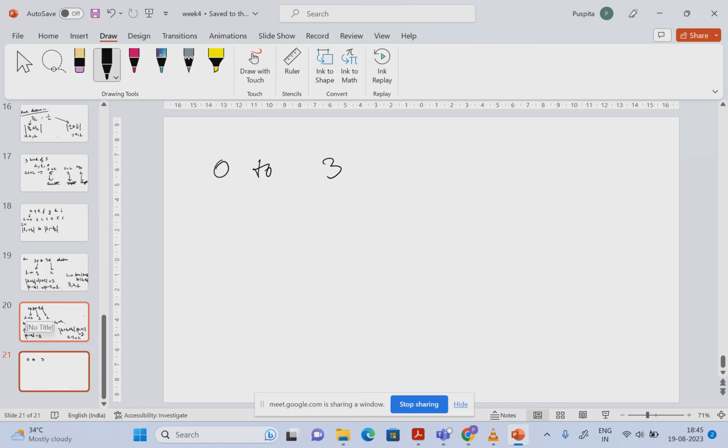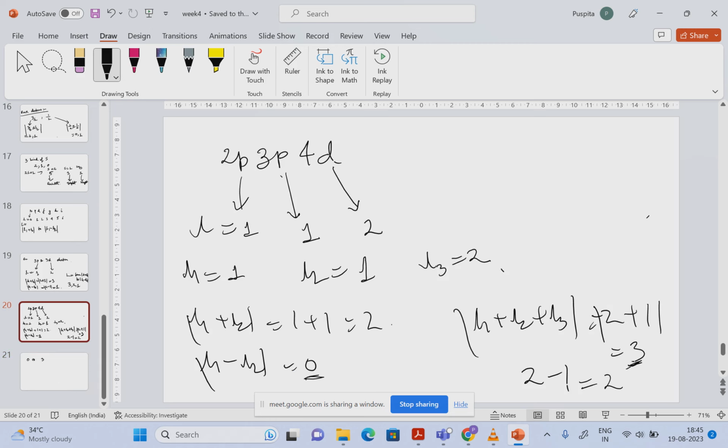Okay, there is a difference. Sorry, I made a mistake. Here it is 2 plus 2 and 2 minus 2. So 4. So we got the values 2, 0 and 4.